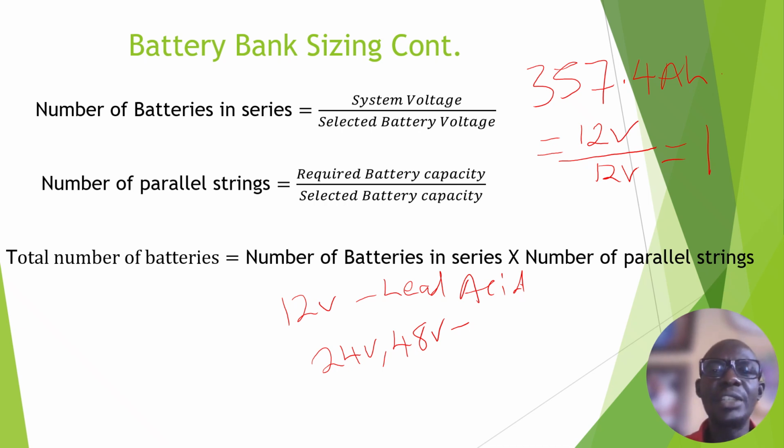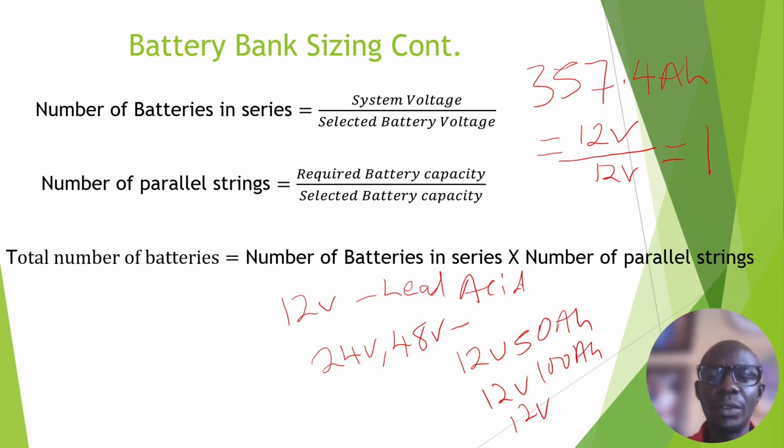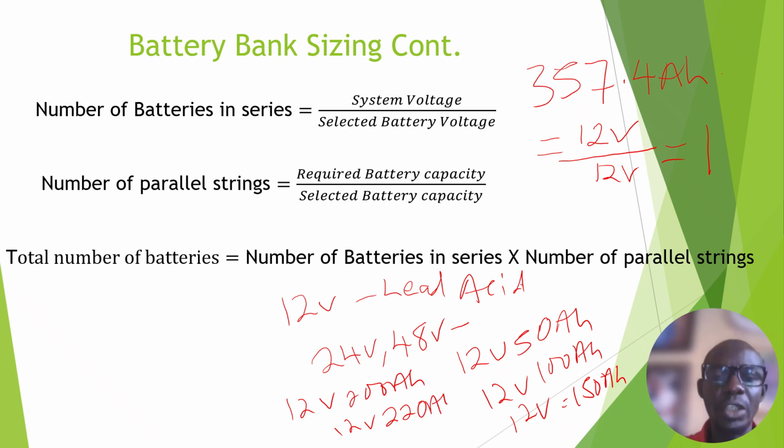Then the number of parallel strings. Let me tell you this also, that all these lead acid batteries come in 12 volts. We have 12 volts 50 Ah, 12 volts 100 Ah, 12 volts 150 Ah, 12 volts 200 Ah, and 12 volts 220 Ah, and 220 Ah is the most common one.